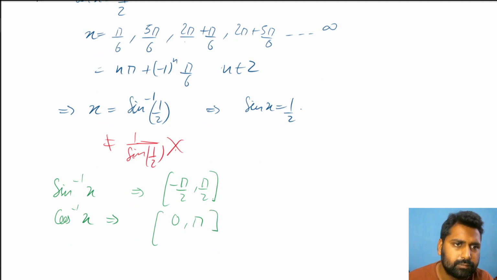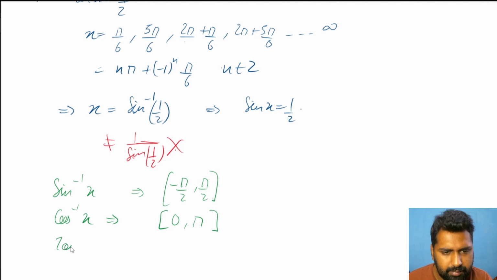This is something we have to constrain in order to give one particular solution. So this is defined: sine inverse x from minus pi by 2 to pi by 2, cos inverse x from 0 to pi, and tan inverse x from minus pi by 2 to pi by 2, open interval.